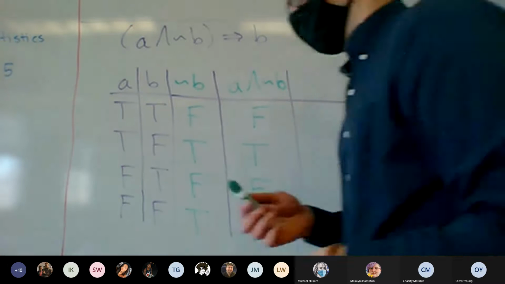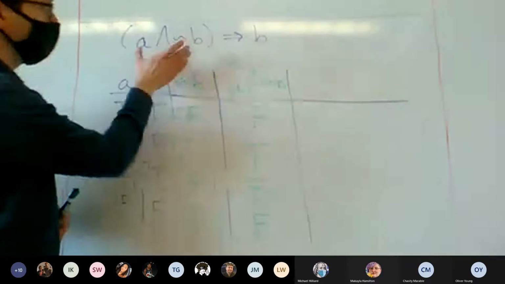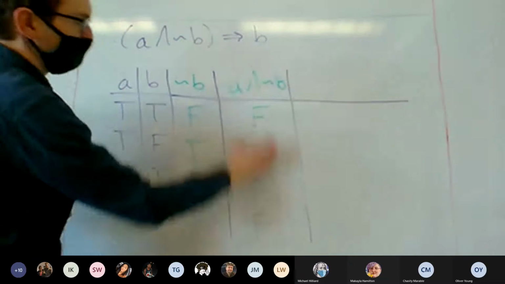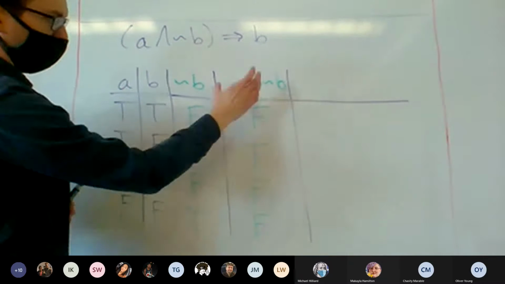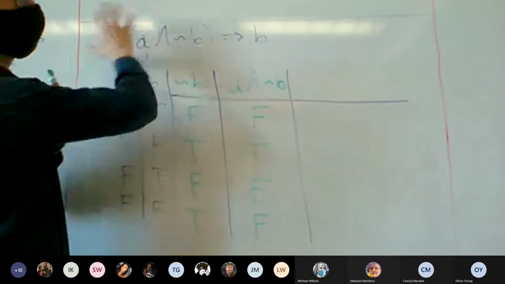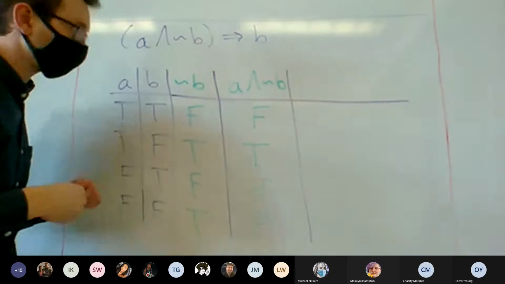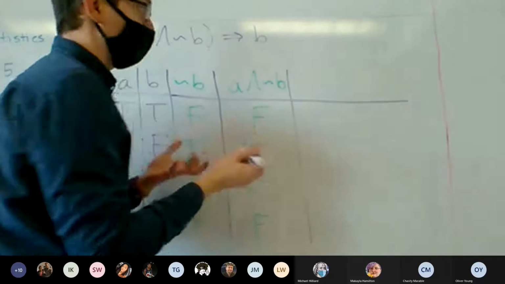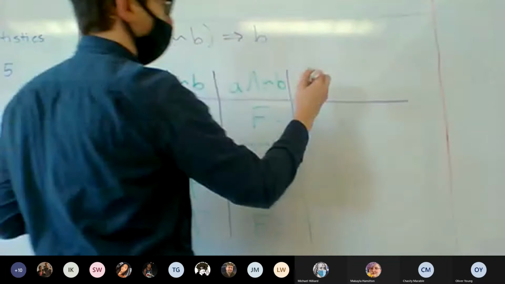Okay, so now I've got this whole thing here condensed into 4 possible truth outputs. That's this part here, the first part of the conditional. So now I'm ready to write the entire statement here.